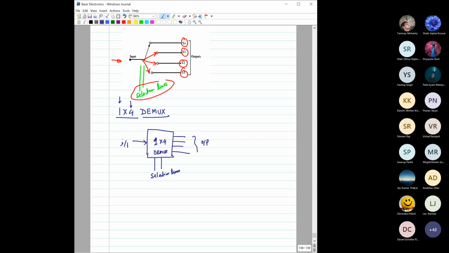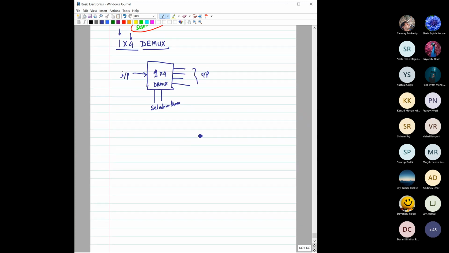We have to design this circuit. Let's say the selection lines are S0 and S1, the data input is represented as D, and the outputs are named Y0, Y1, Y2, Y3.